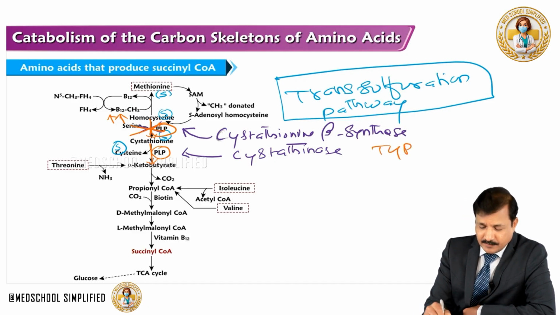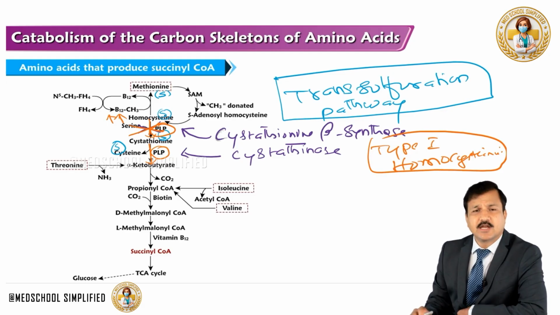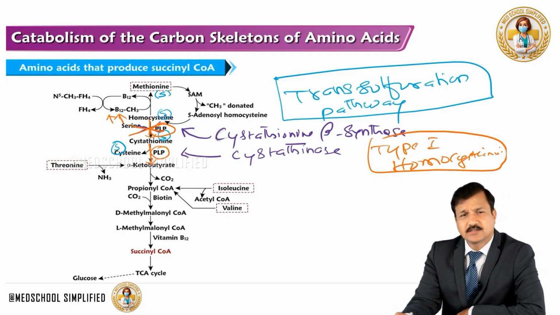Type 1 homocysteinemia is because of deficiency of the enzyme cystathionine beta synthase, or defect or decreased activity of cystathionine beta synthase. It can also be partly because of pyridoxal phosphate deficiency.